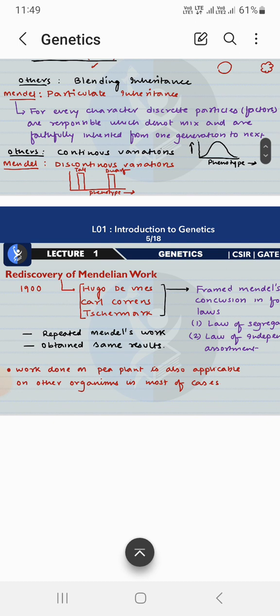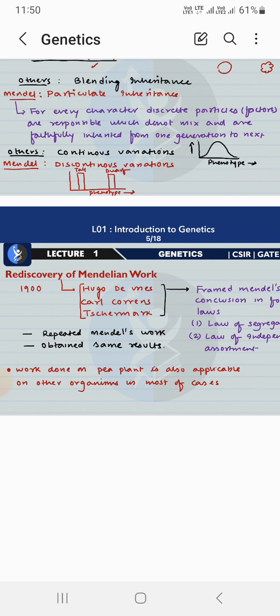The other scientists believed in continuous variation. Continuous variation means, for example, skin color: we know that there are many types of skin coloration in humans, and the other scientists believed in that mechanism. But Mendel believed in discontinuous variation.